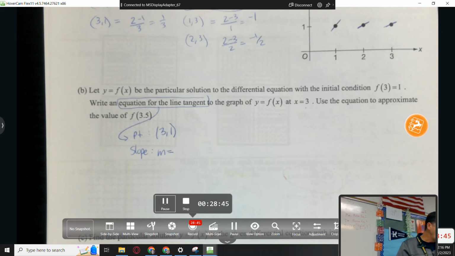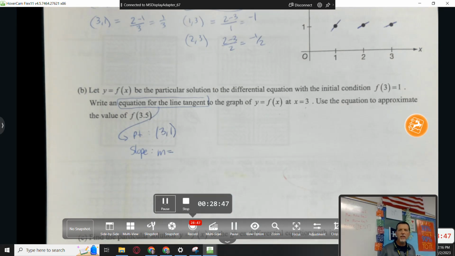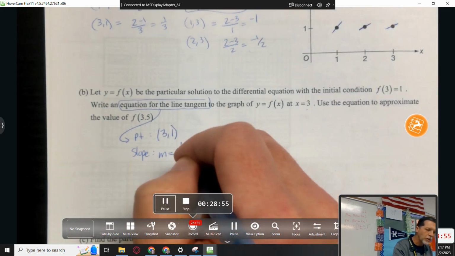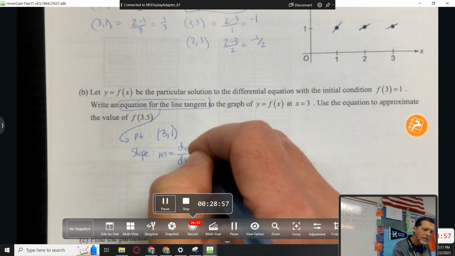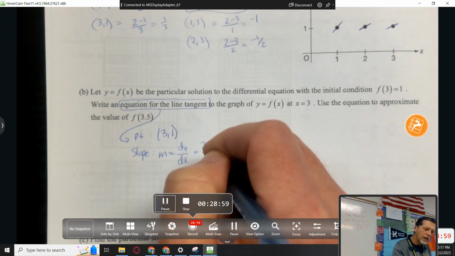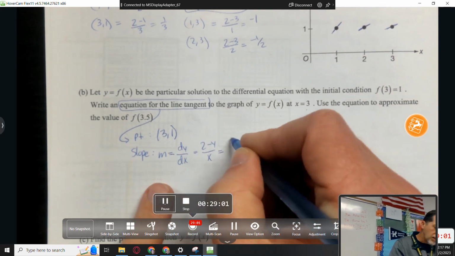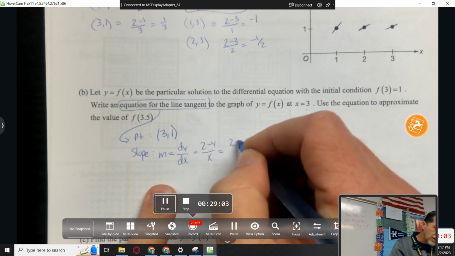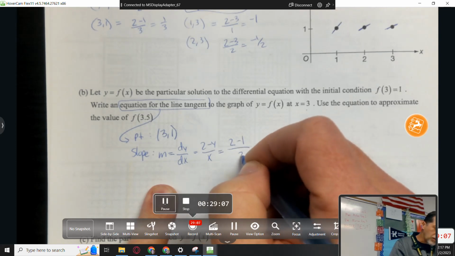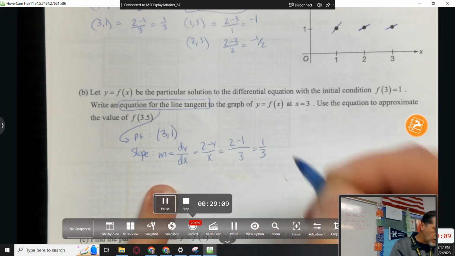My slope, how do I know what the slope of the tangent line is? Plug it in. They told me the slope. The very first thing they told me was dy dx is 2 minus y over x. So at 3, 1, 2 minus 1 over 3 is 1/3.